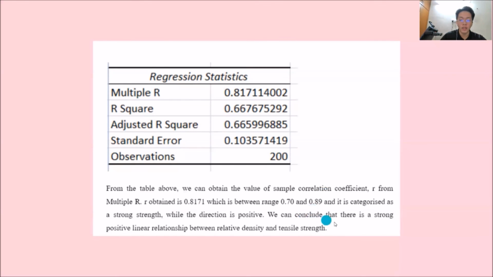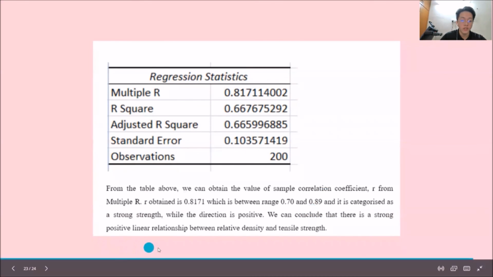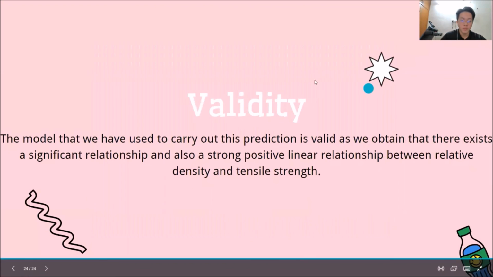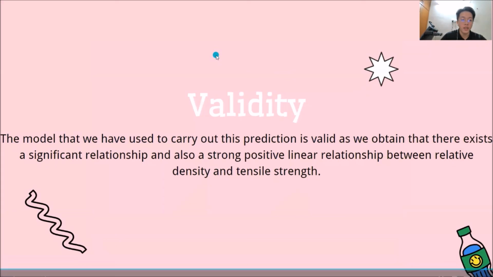So we can conclude that there is a strong positive linear relationship between relative density and tensile strength. Lastly, for the validity, the model that we have used to carry out the prediction is valid, as we obtain that there exists a significant relationship and also a strong positive linear relationship between relative density and tensile strength.